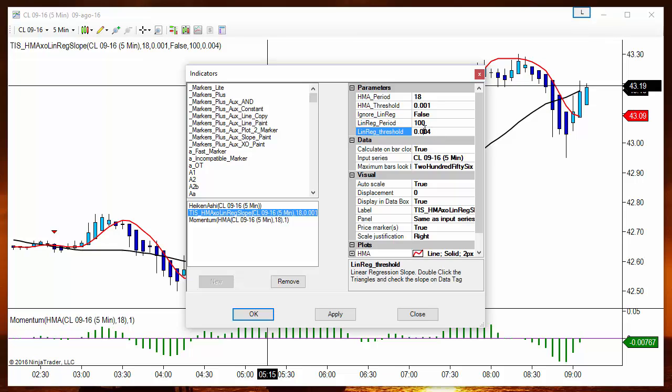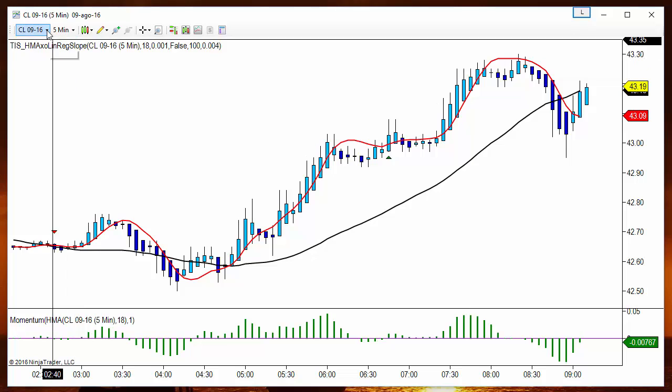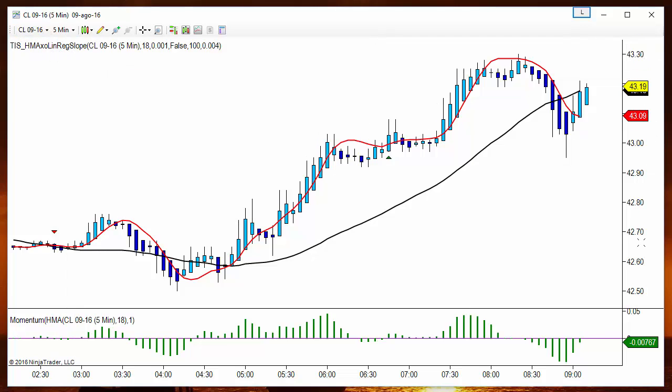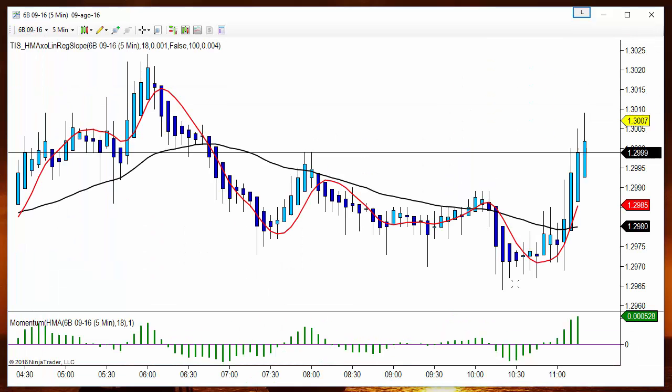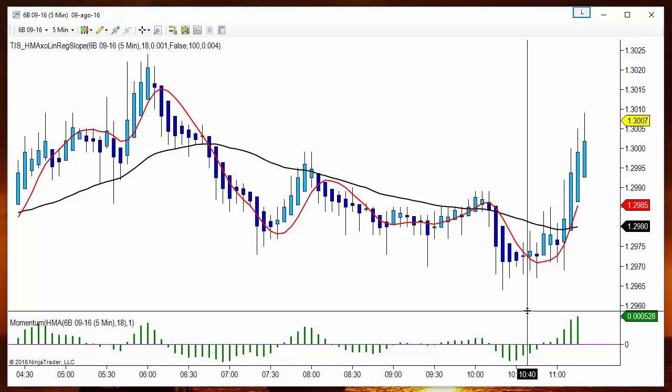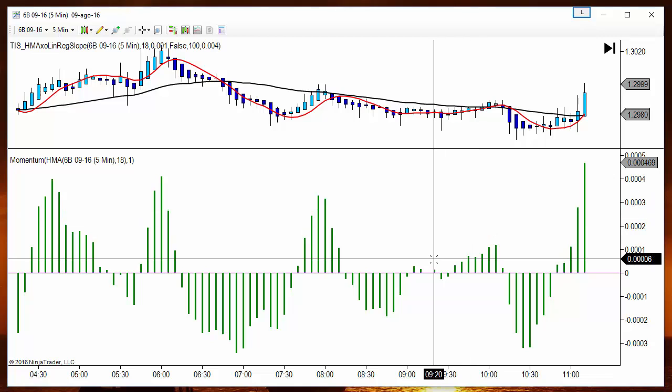To help us find the better slope threshold, let's say that we are using a different instrument, for example Forex or currency futures, which have a tick value much lower, so the thresholds must be lower too.